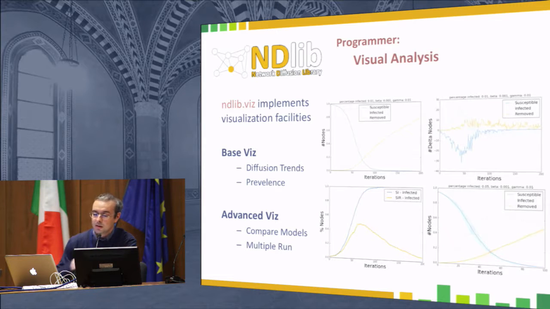This visualization allows us to see the median value of the diffusion trend, for instance, and the percentile bounds observed around this median. This can be useful to observe the expected outcome of diffusion given a model and a network, even overriding the initial condition of the nodes.